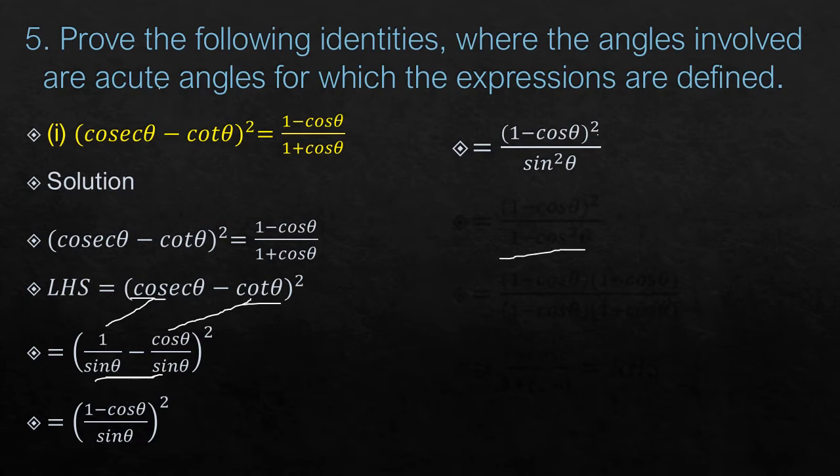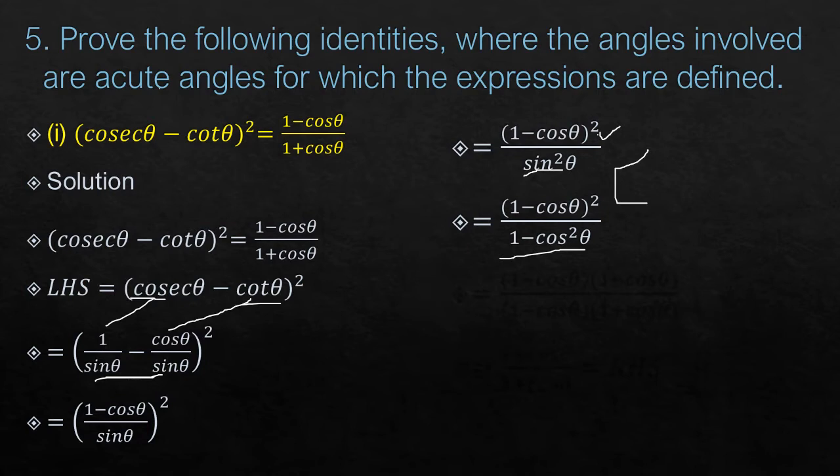So you get (1 minus cos theta) whole square as your numerator, and in place of the denominator, that is sine square theta, you will write 1 minus cos square theta. In brackets you can write the identity which you have used, that is sine square theta is equal to 1 minus cos square theta. Okay students, so right here sine square theta is equal to 1 minus cos square theta.